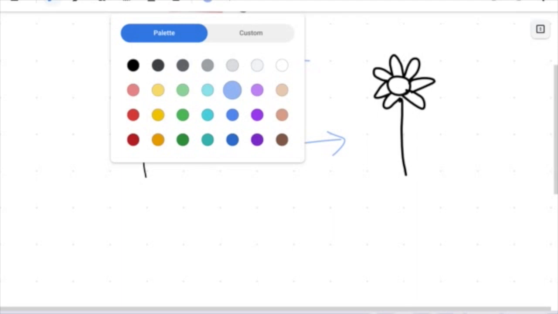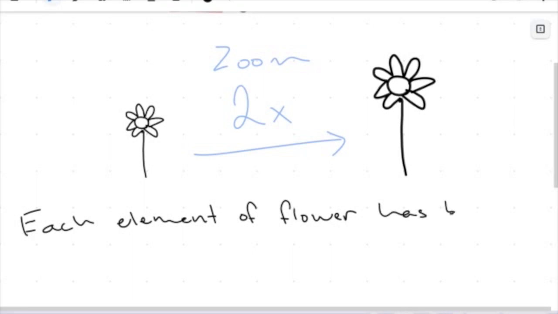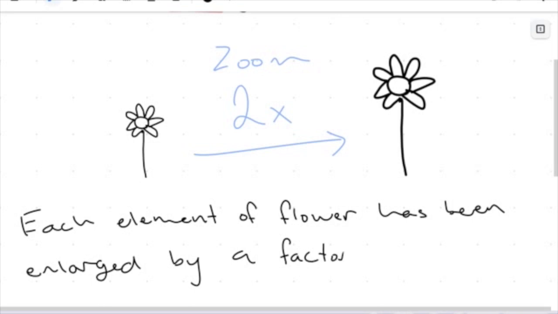So we can say here, each element of the flower has been enlarged by a factor of 2. Or in other words, it's been doubled.